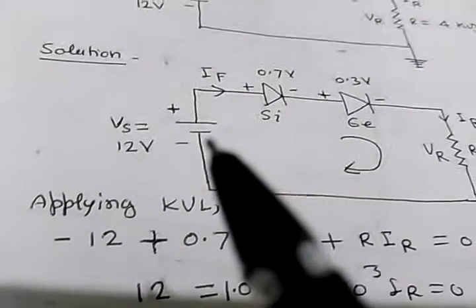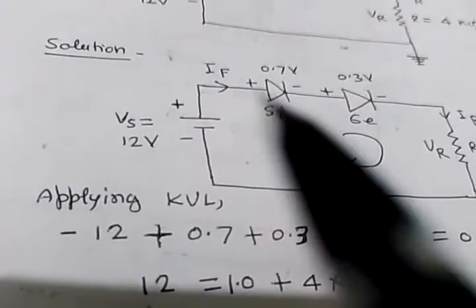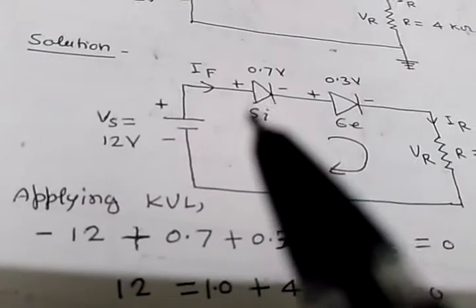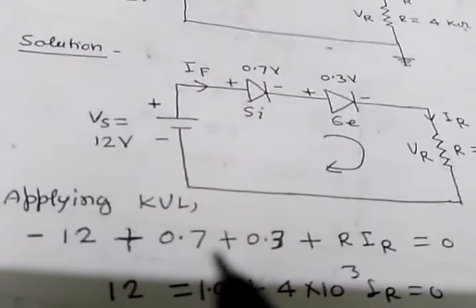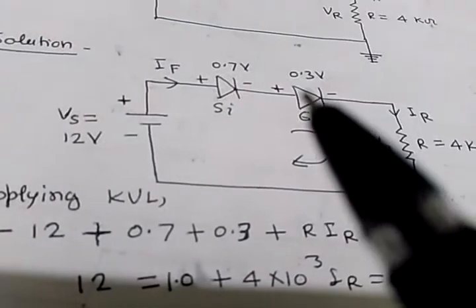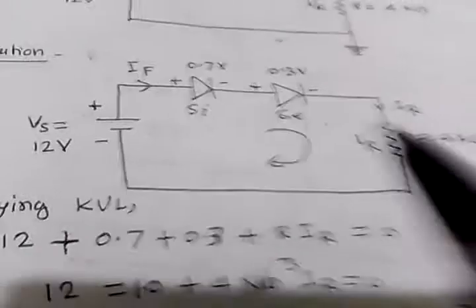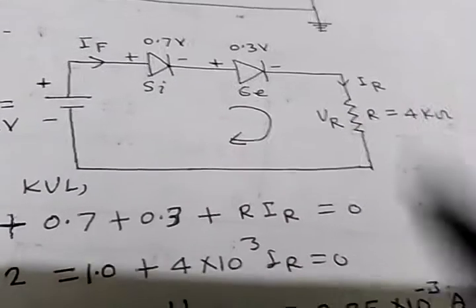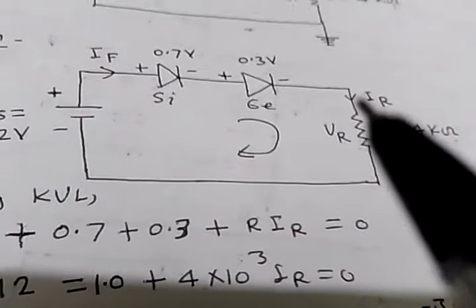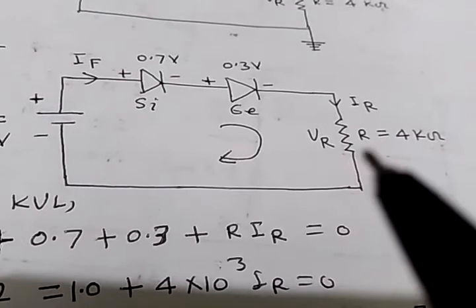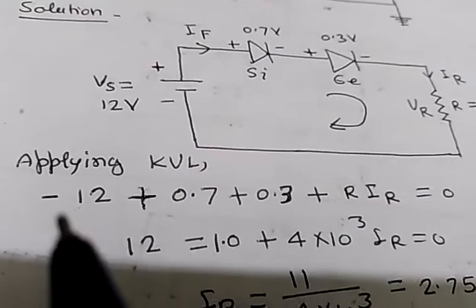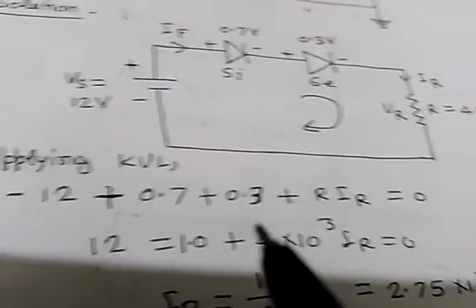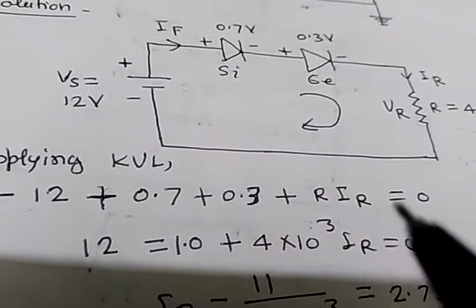First the voltage source will be negative, minus 12 volt, then voltage across silicon 0.7, then 0.3, and then voltage across this resistor VR equals IR into resistance R. So this is the KVL equation: minus 12 plus 0.7 plus 0.3 plus R IR equals 0.